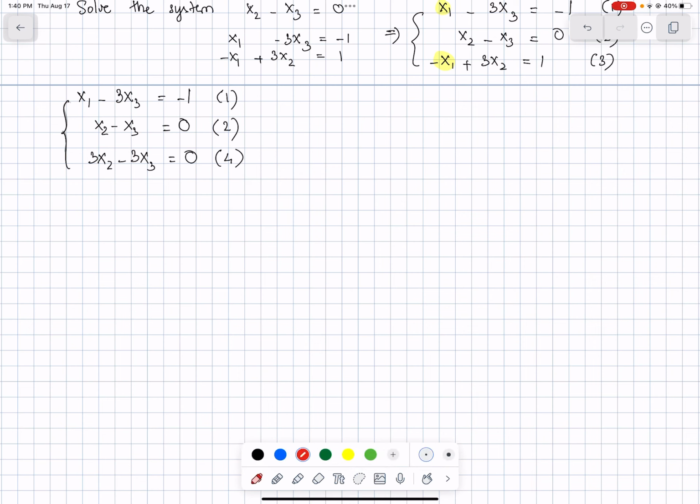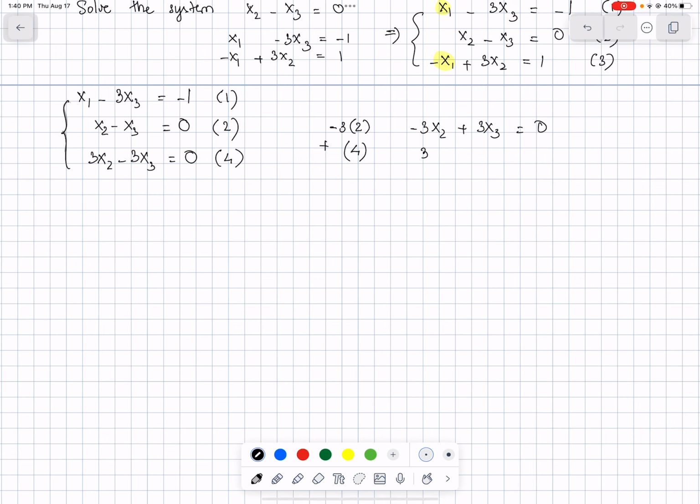So we see we want to multiply by negative 3 the second equation, right? So we better write outside: multiply negative 3 to the second equation. It will become negative 3x2 plus 3x3 equals 0. And then we add equation number 4.